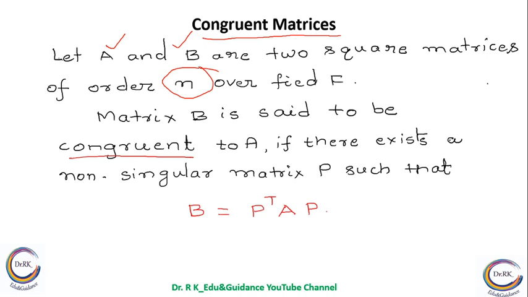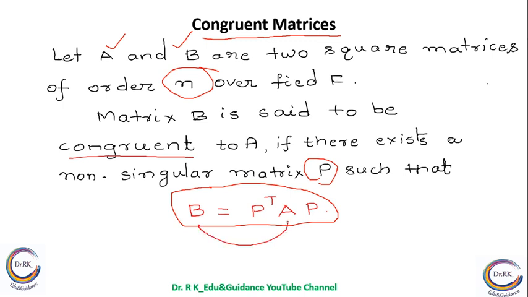The matrix B is said to be congruent to A if there exists a non-singular matrix P such that P transpose AP equals B. So whenever there is a non-singular matrix P where P transpose AP becomes B, then B is called a congruent matrix to the matrix A. So B equal to P transpose AP is the condition required to say that two matrices are congruent.